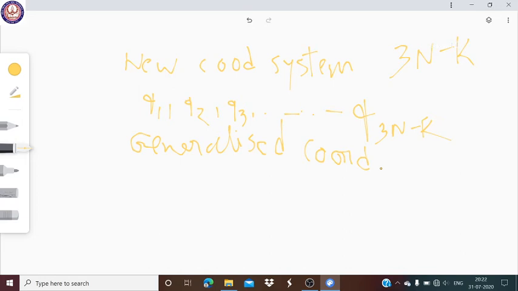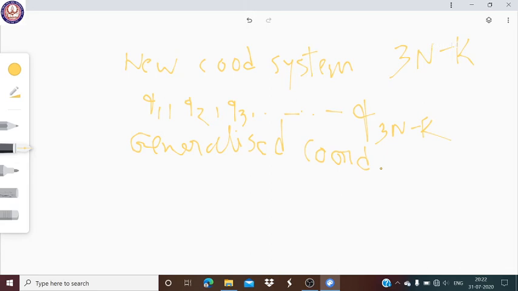Now, if there are k number of holonomic constraints, then we can redefine the coordinates in such a way that in the new system we use fewer coordinates, and the number will be 3n minus k. With this we simply describe the position of the total n number of particles.